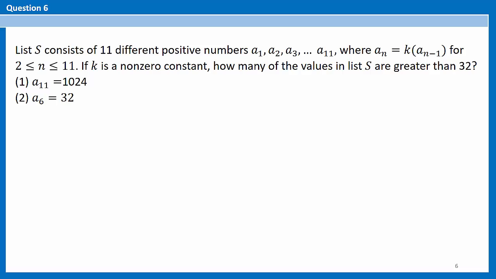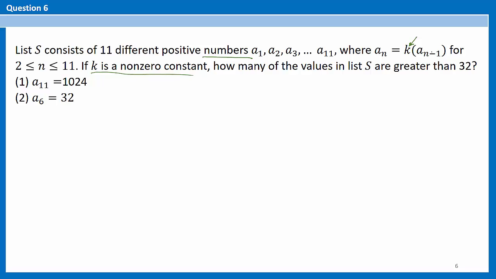Okay, now what we know about the numbers is that they are positive numbers, not necessarily integers. They could be decimals, could be fractions, and k being a non-zero constant, we know that it can be positive, negative, fraction, decimal, or integer. Now, if it's greater than 1, that means that when it's multiplying the previous term, it's making it bigger.